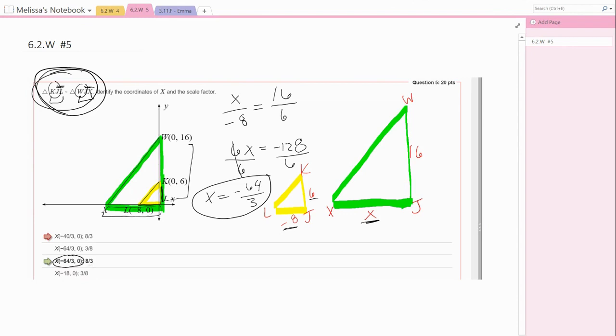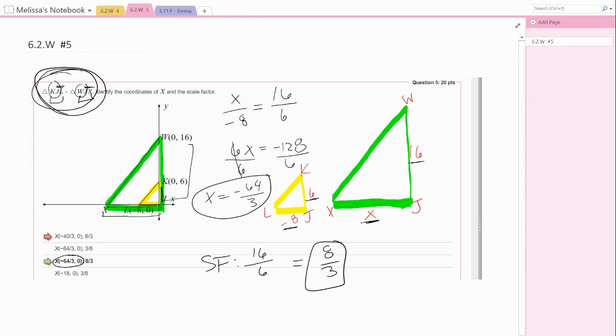And then again, to get that scale factor, you can divide any two similar sides. So since they had already given us 16 and 6, you can divide those, and then the scale factor here is going to reduce to 8 over 3. So kind of like I said in the last problem, you could have found the scale factor first by dividing 16 over 6 to get 8 over 3, and then use that to multiply by a value to get your answer.